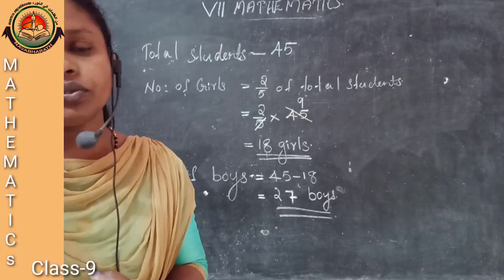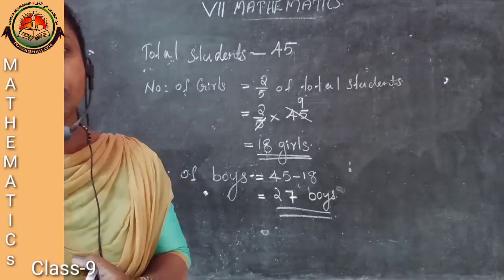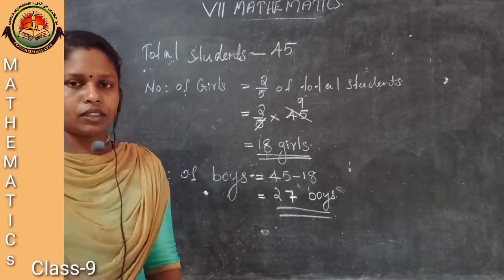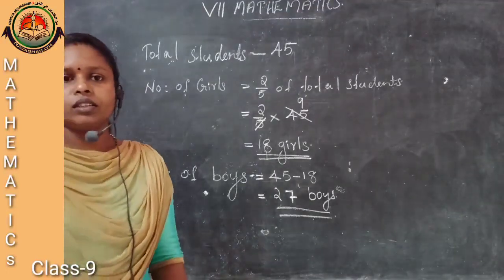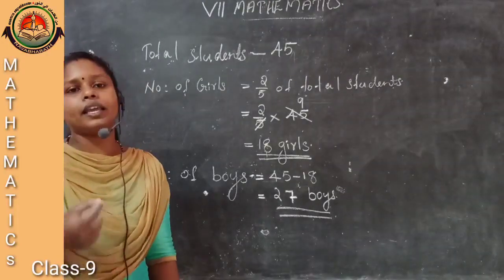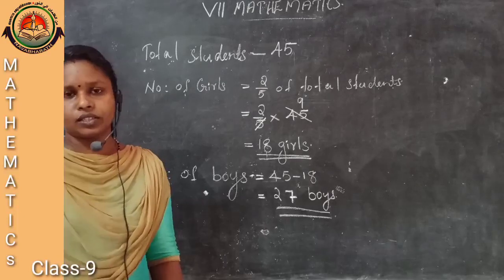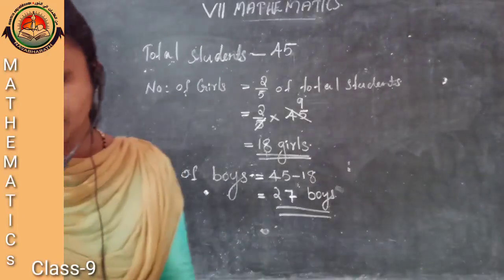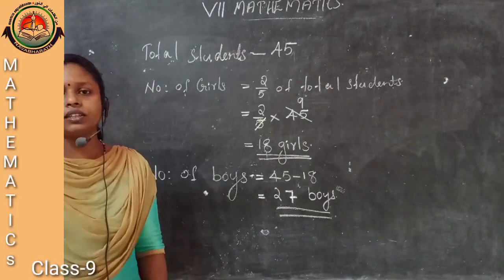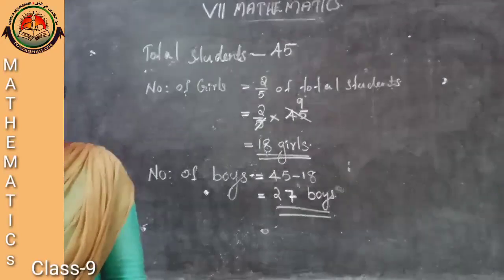That we have to find. So, 2 by 5 of the auditorium is filled with students, and 1 by 6 of this is girl students. So we need to find what fraction of auditorium is filled with girl students.